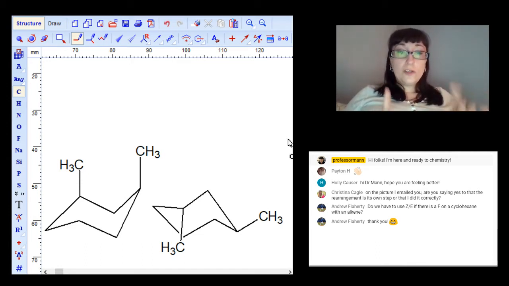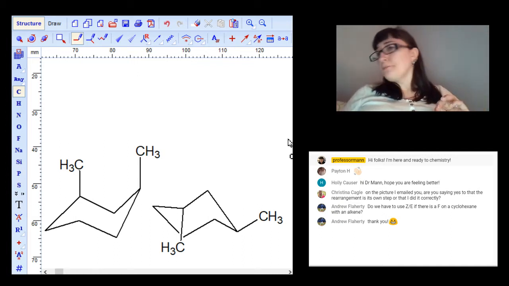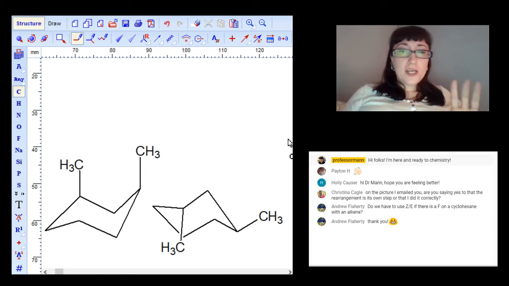But if you notice, one of them would be cis and one of them would be trans. And you could work out the R and the S for these if you wanted to, but even if you just look at it and say one's cis and one's trans, then those automatically would have to be stereoisomers. They'd have to be diastereomers, right?